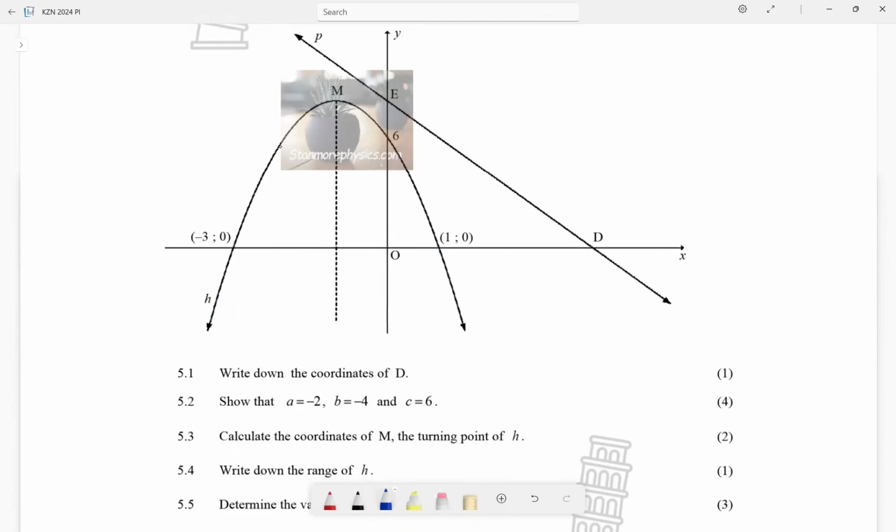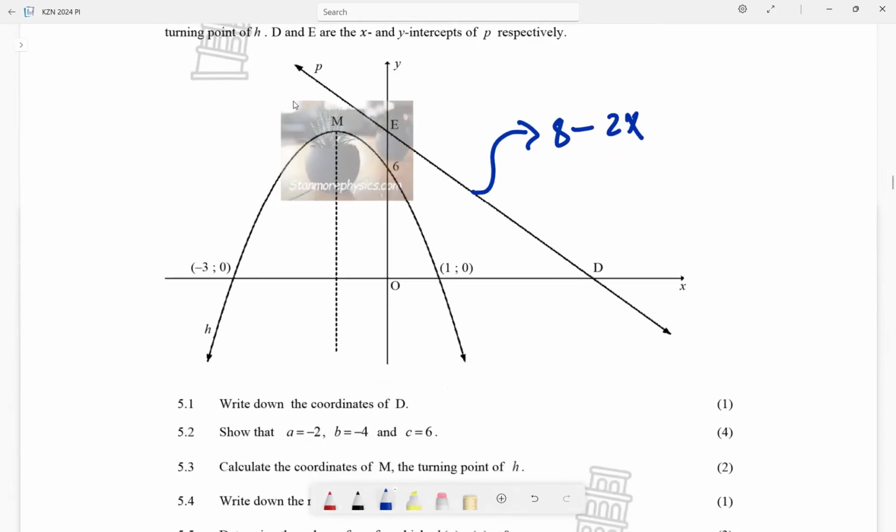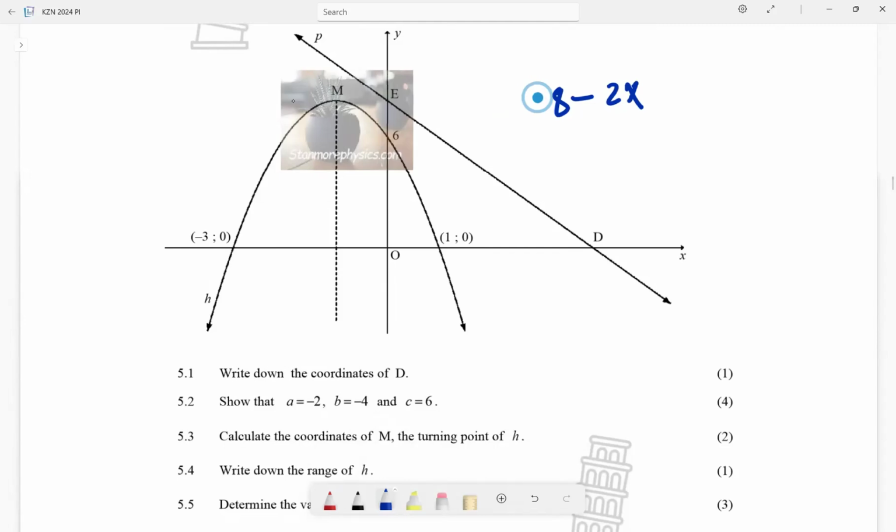Okay. Write down the coordinate of D. What is D? D is the x-intercept of this graph. Let me write this equation here: y is equal to 8 minus 2x.